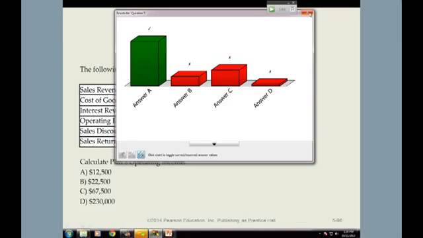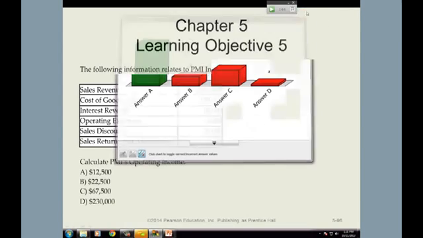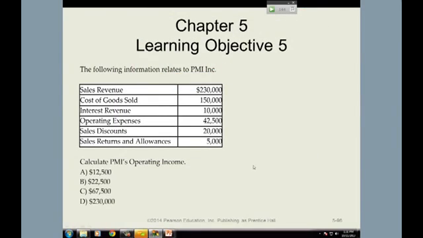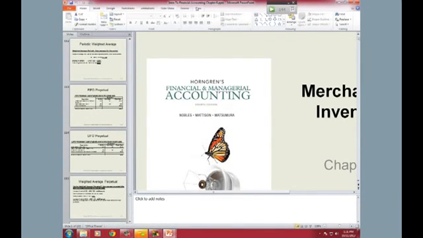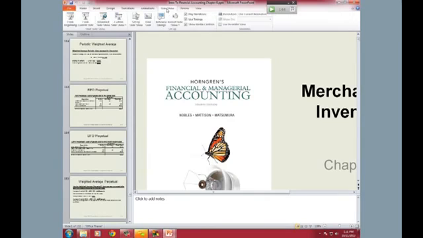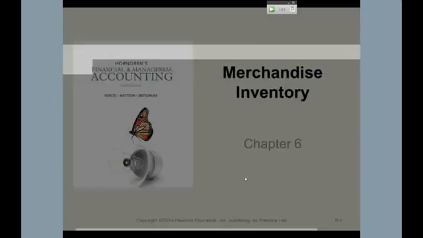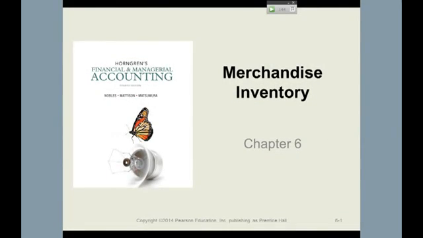So you should have got sales, minus the sales returns and allowances, minus the sales discounts, would give you, of course, net sales.